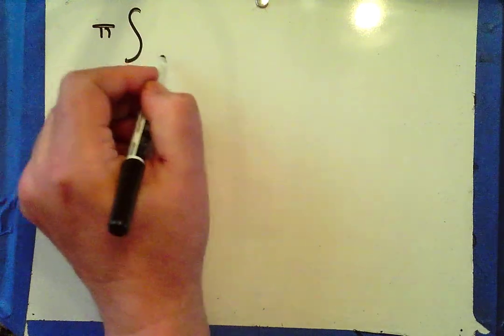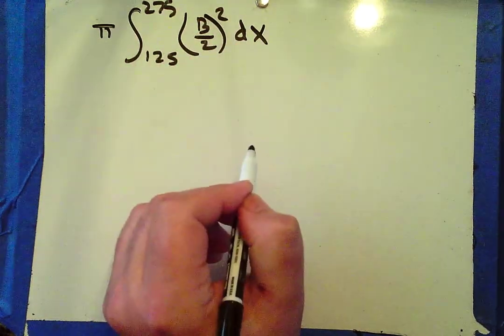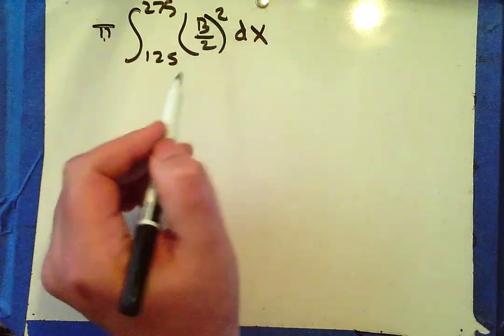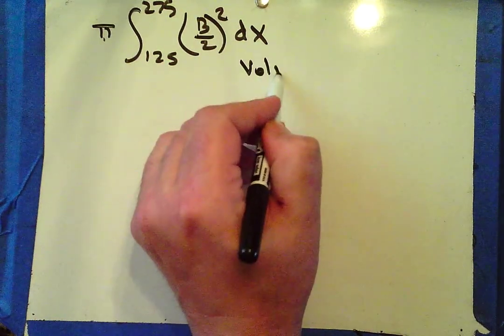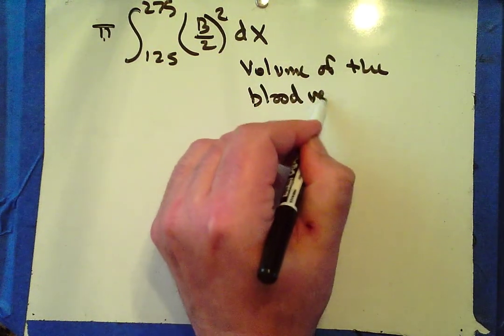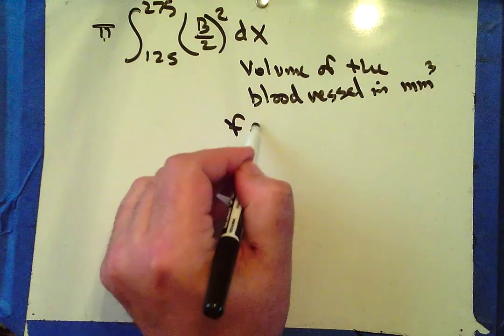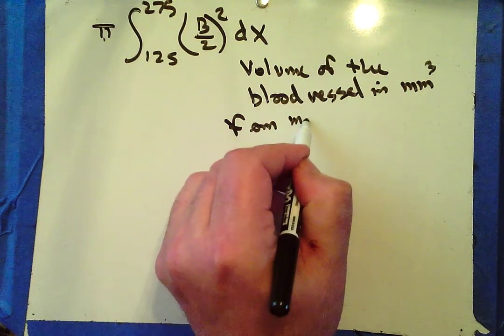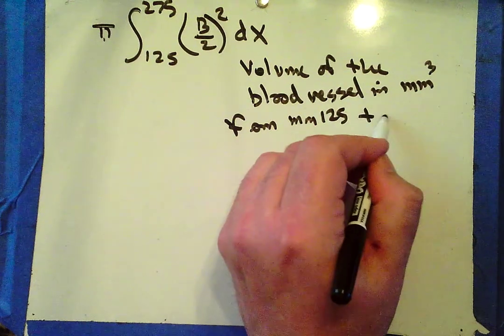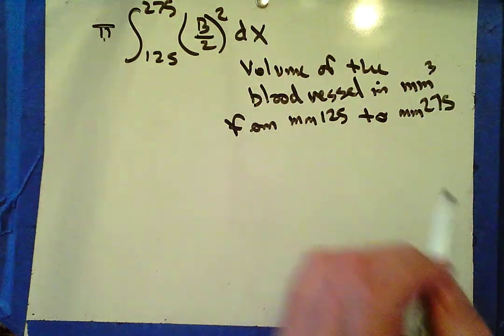Let's take a look at part C. Part C says, using correct units, explain the meaning of pi times the integral from 125 to 275 of b over 2 squared dx. Oh, well, this is pi radius squared. So this is going to be the volume of the blood vessel in cubic millimeters from 125 millimeters to 275 millimeters.